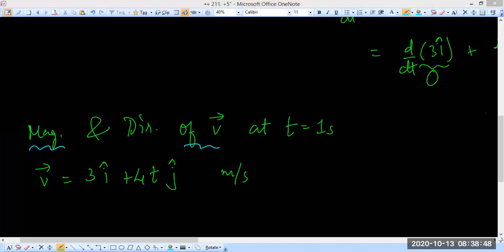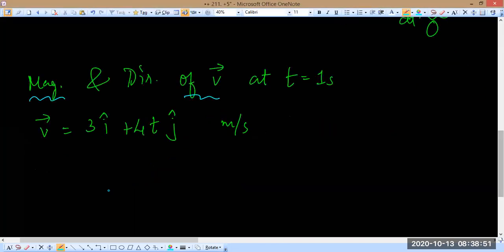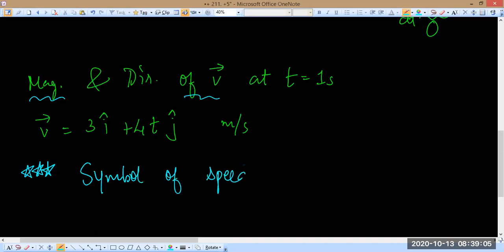It is called speed, right? So now it is time to officially introduce the symbol of speed. Okay, big warning, lots of confusion coming up. Symbol of speed. Is this clear? Is this understood what I've written here?